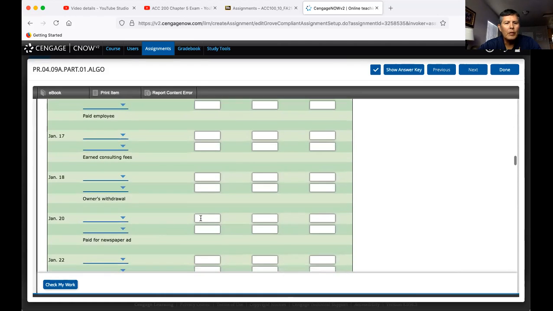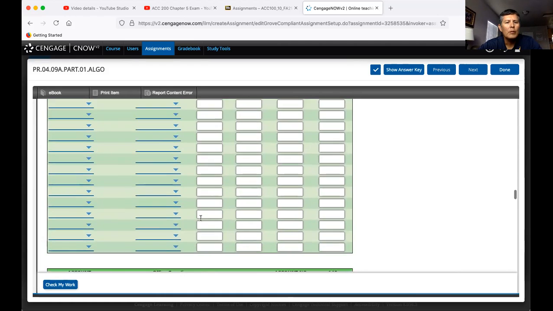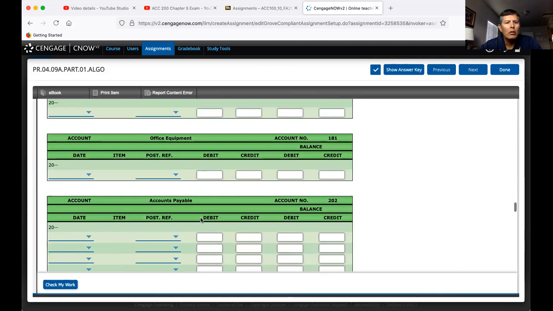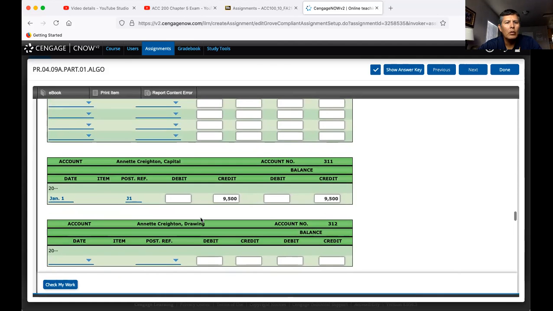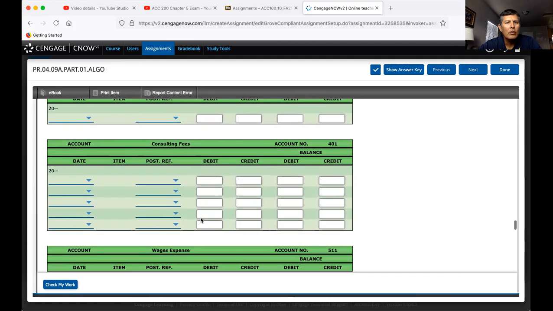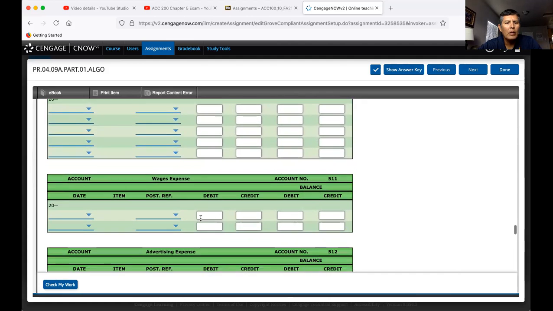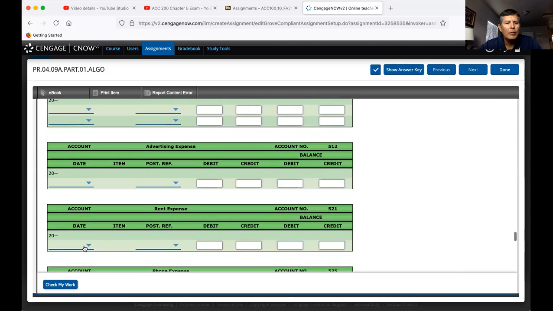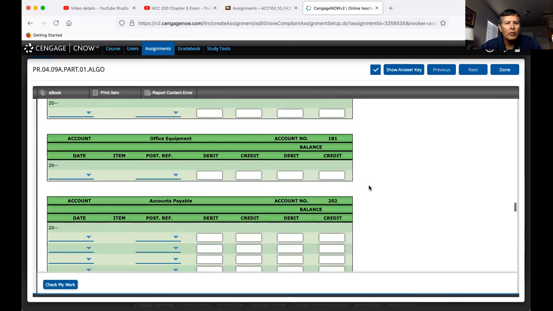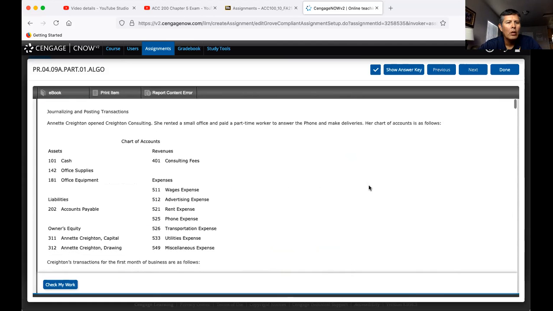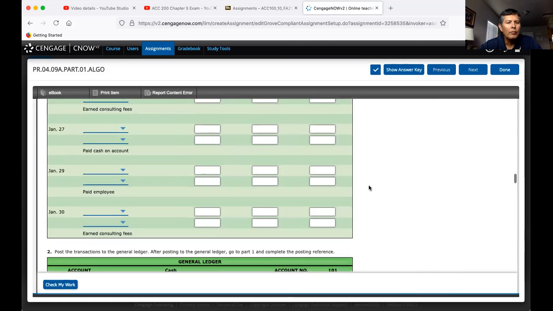So we can go to our expense accounts. Expense accounts, office payable. Let's see, consulting, wage expense, advertising, rent expense. So this will be from January. Was it January 1? Let me double check. No, January 2.